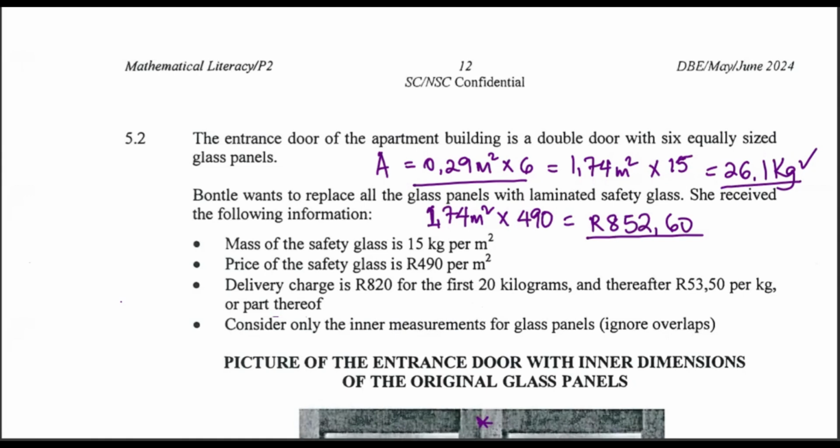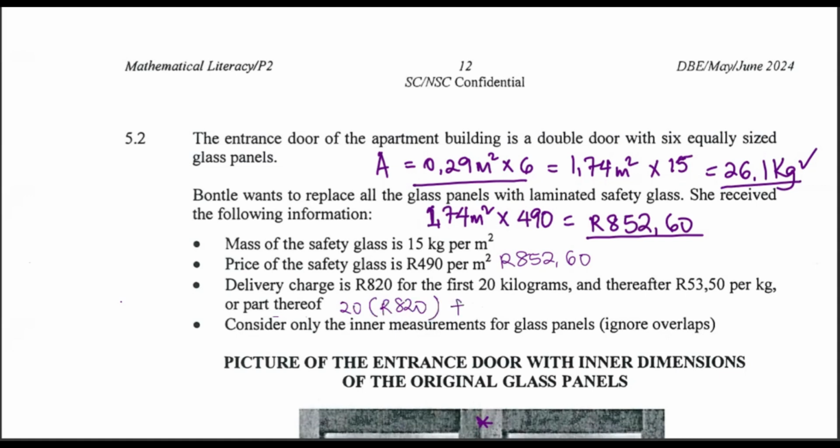So we have the cost of purchasing the glass. We are saying it's 852 rand 60 cents. Now we need to know the cost of delivering, and because we need 26 kg, the first 20 kg they only charge you 820. So how much is left?